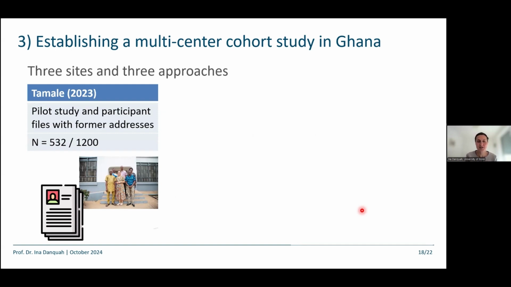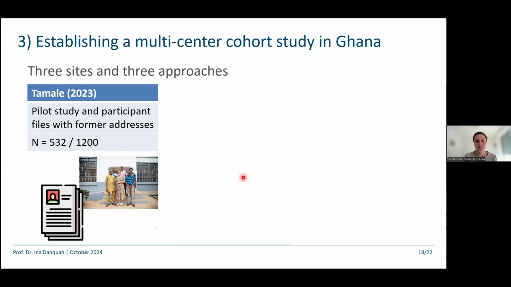So what we had was the participant files with the former addresses, and the addresses were not street names and house numbers, but something like opposite the filling station or behind the barber shop or friend of Kwesi Nana. And these were the addresses that we had. So we went with these former participant files and the addresses, and indeed were able to get almost half of the former study participants from this area.